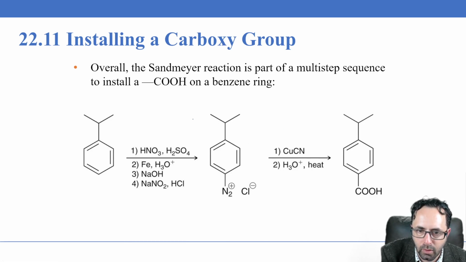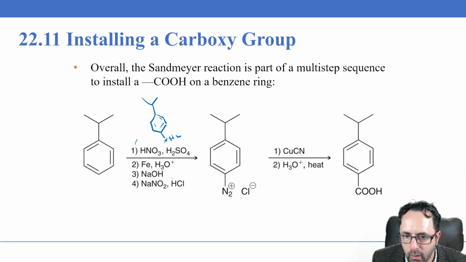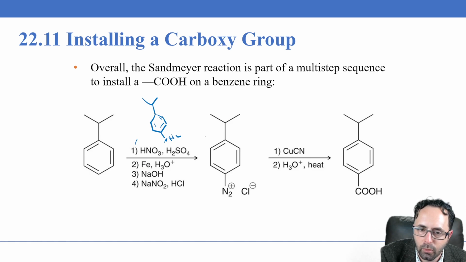So this first step right here is going to produce for us this product with the amine in the para position. The following step is going to reduce that amine, and then ultimately react with the OH, and so this is going to give us the nitro group.